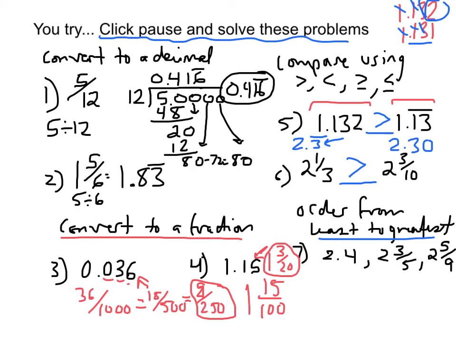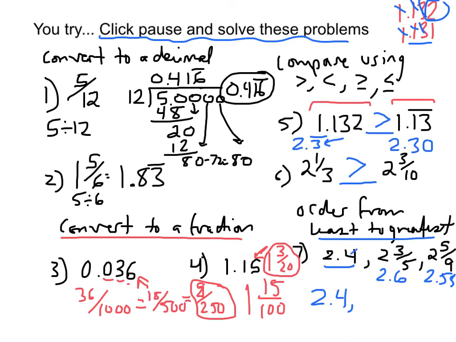And the last question, order these numbers from least to greatest. I'd have to rewrite them all as decimals. So 2.4 is already a decimal. 2.35, 2 3/5 is 3/5. Fifths go up by 20, so it's 2.6. And 2 5/9, it's a ninth, so I know it's times 11, so it's 2.55. So the smallest number would be 2.40 or 2.4.